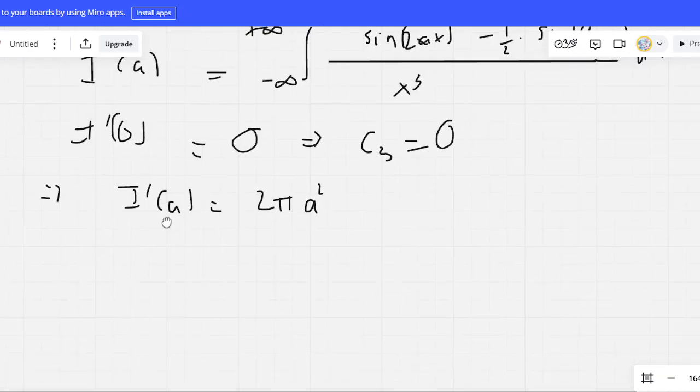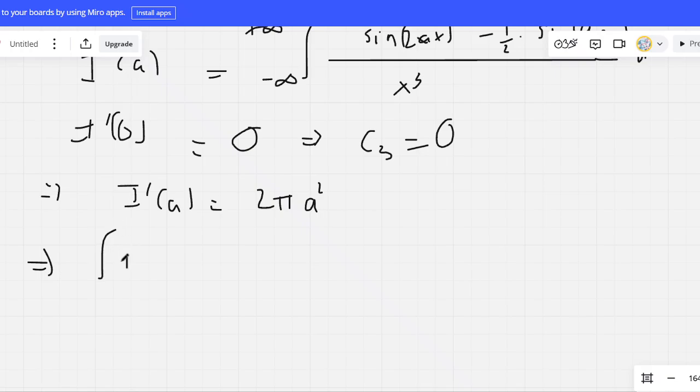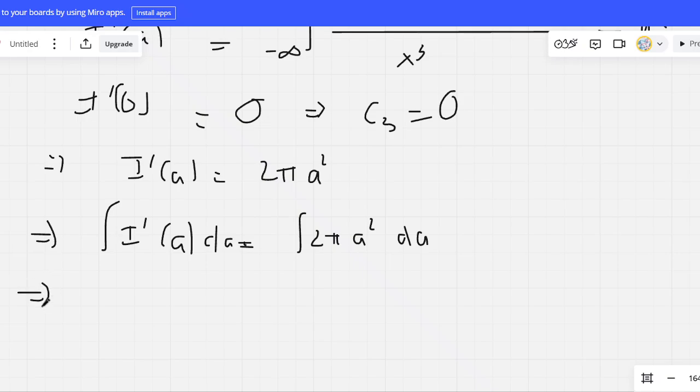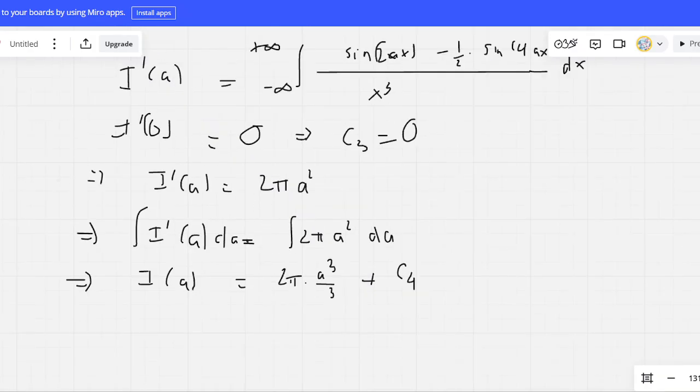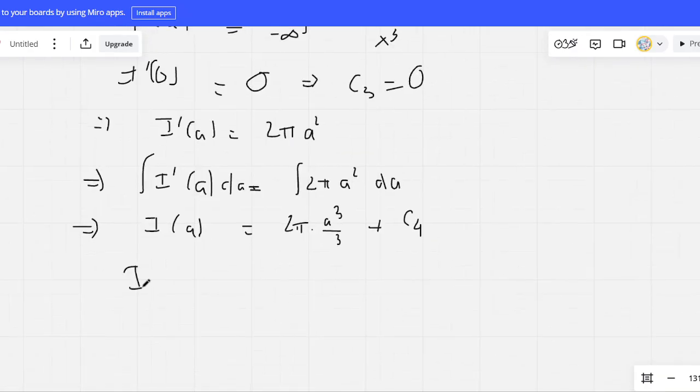Okay, cool. Now let's integrate both sides one last time. Yes, one last integration, and finally we can recover our original parameter. So here, what we're going to get is I of a, which is going to be 2 pi times a cubed over 3 plus a constant, C4. And what is I sub a? Well, remember what we defined I sub a.